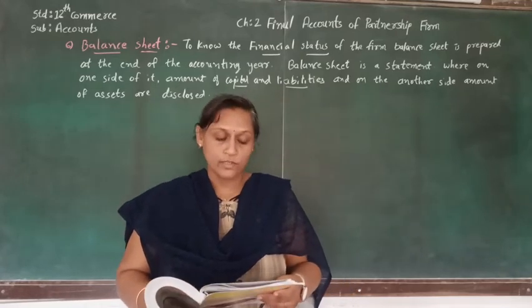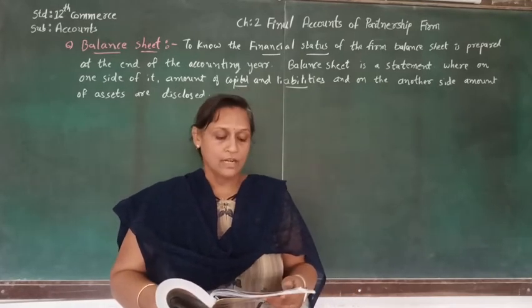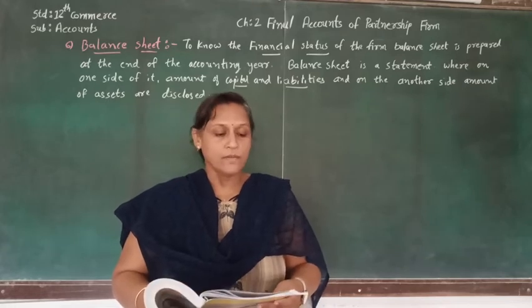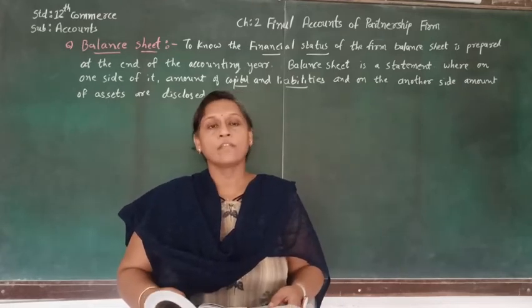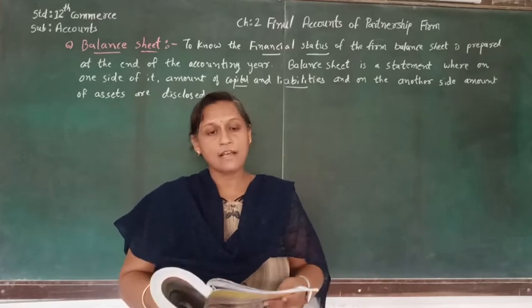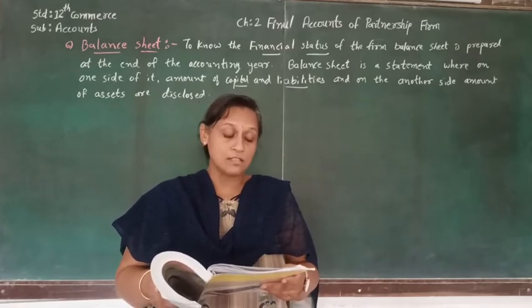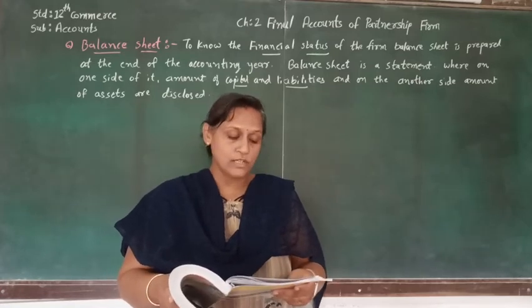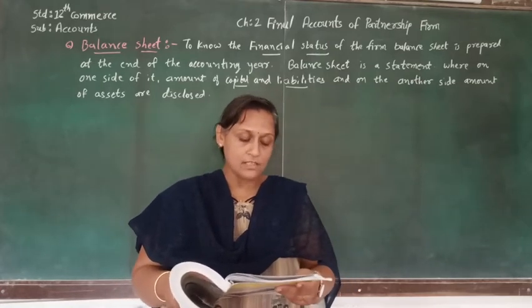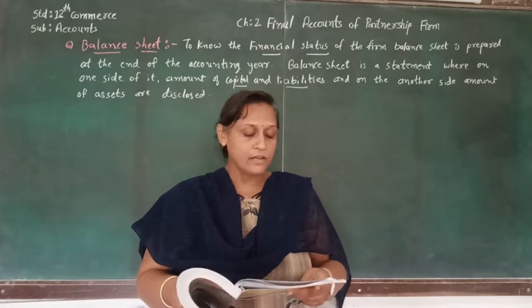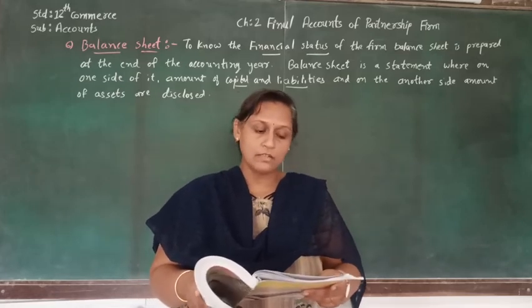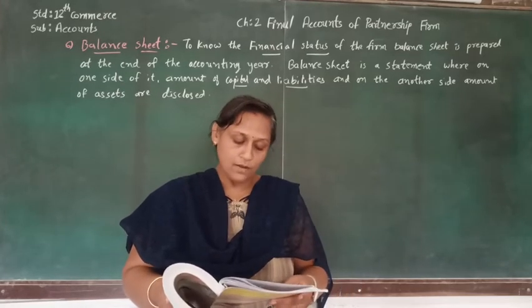So that is supposed to be written in non-current liability. The last heading of the capital and liability side is current liability. In current liability, we write bank overdraft, creditors, bills payable, expenses outstanding, income received in advance, taxation provision, and other liabilities.